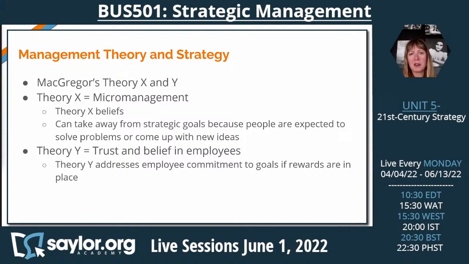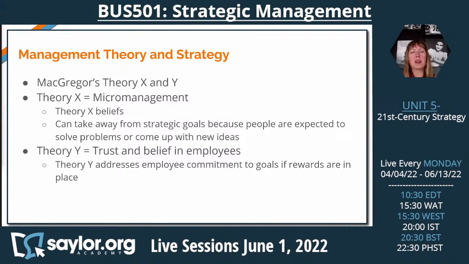When I say micromanage, the employee doesn't have a whole lot of leeway to make decisions and really control their own schedule. Theory X managers tend to believe that employees really need to be motivated by harsher means. In other words, well, if you don't do this, then this will happen.